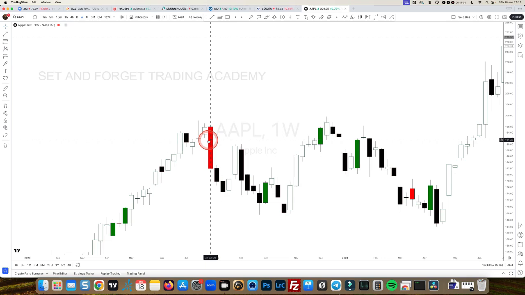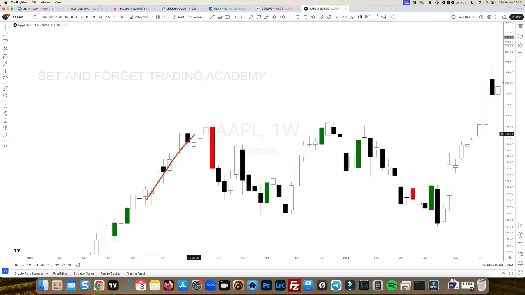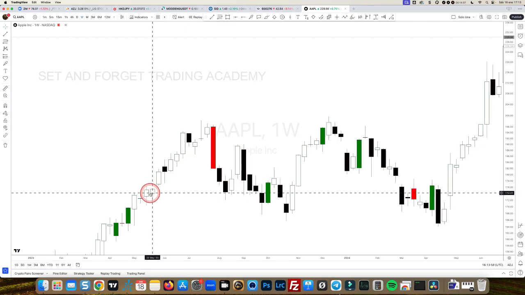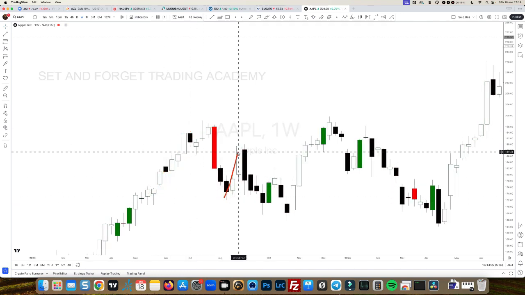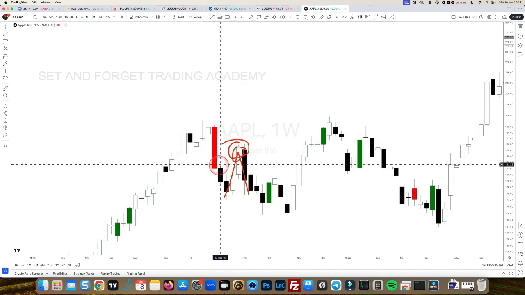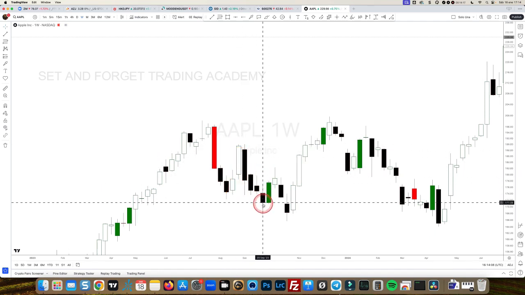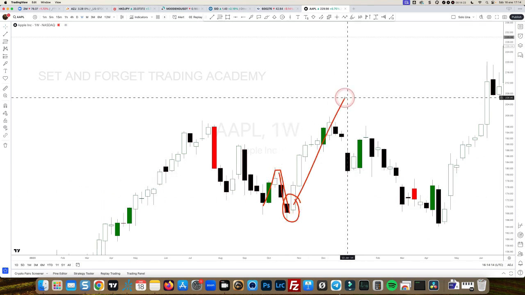The names are irrelevant as long as you understand the structure. We have 3 features: the leg in, the base, and the leg out. The basing structure is made of the 2 legs. And here we've got the rally, leg in, base, leg out.